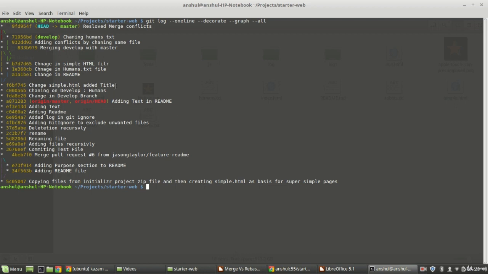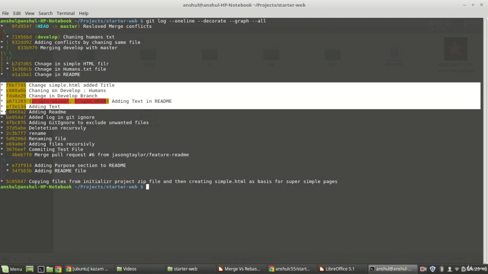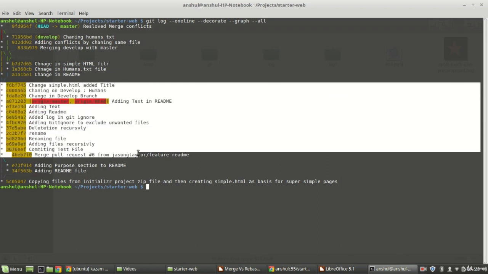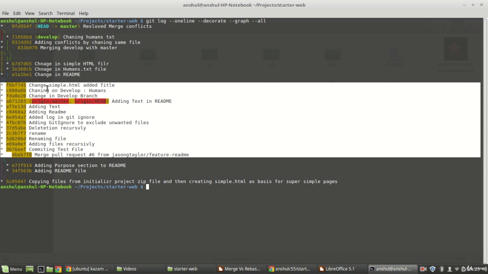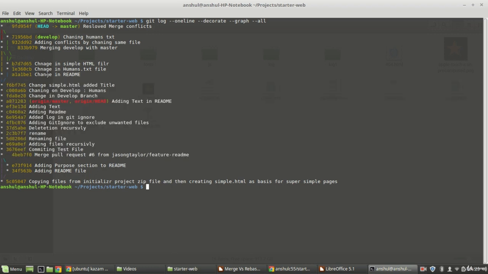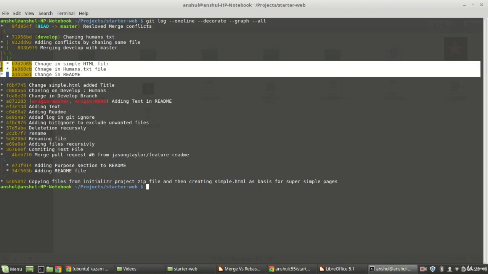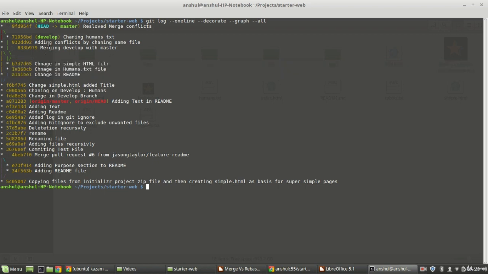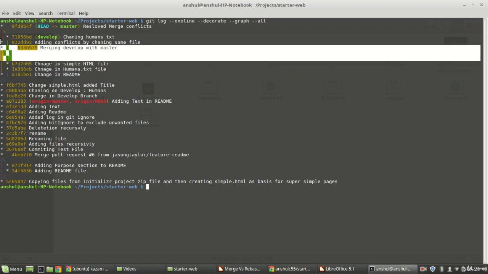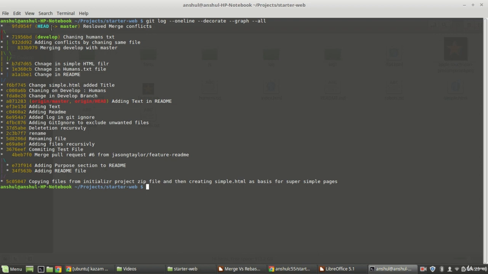And here you remember last time I created a new branch, the develop branch, okay? These are all commits from my master branch, right? After that I created a new branch, develop branch. I did some changes in the develop branch, then merged it again with the master branch. See over here, right? And currently my HEAD is pointing to the master branch.